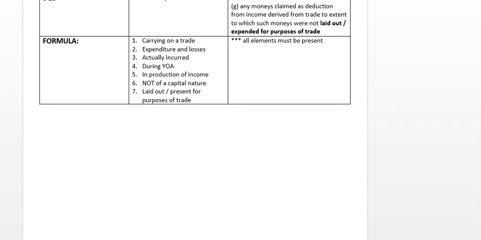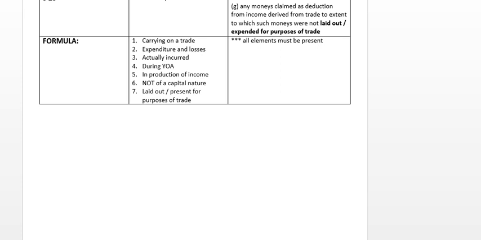So again, the formula or the definition for a general deduction is, firstly, you need to carry on a trade. Any expenditures and losses actually incurred during the current year of assessment in production of income which is not of a capital nature and laid out or expended for purposes of trade.